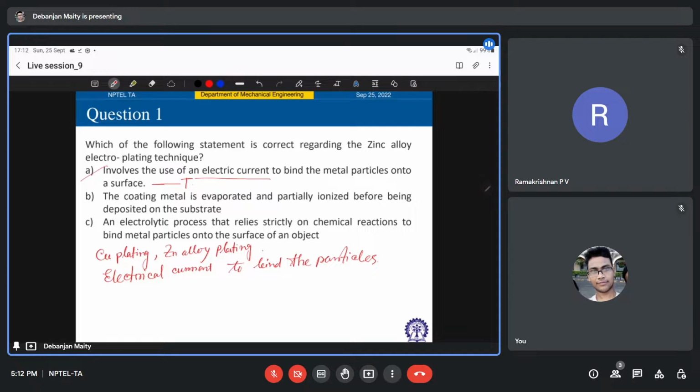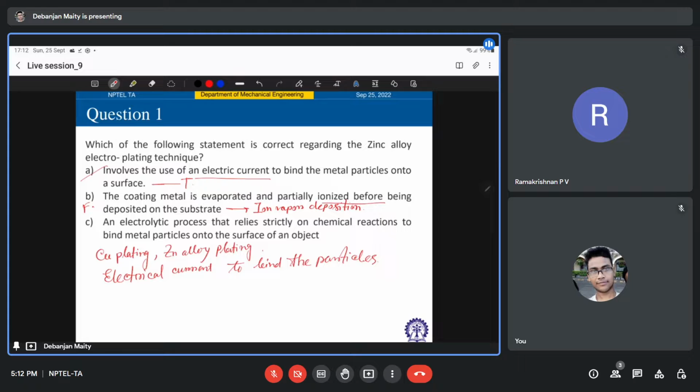The second statement says the coating metal is evaporated and partially ionized before being deposited on the substrate. Whenever the coating metal is evaporated and ionized before being deposited on the substrate, this is mainly called ion vapor deposition. So this is separately a different technique. In terms of zinc alloy electroplating technique, this statement will be false.